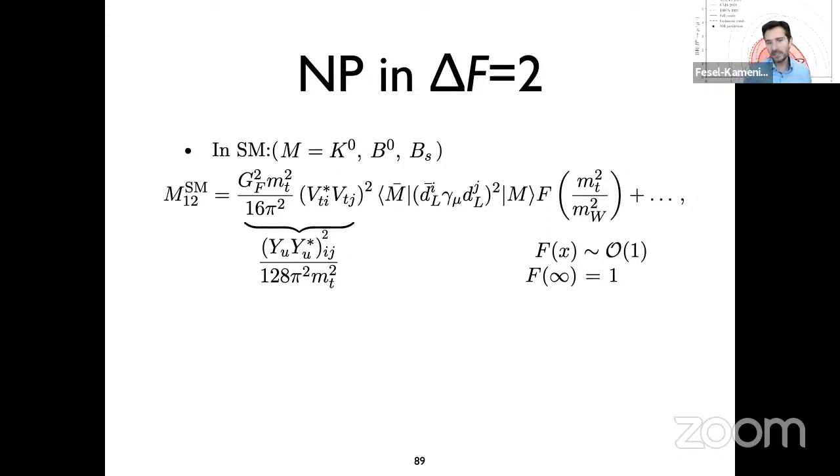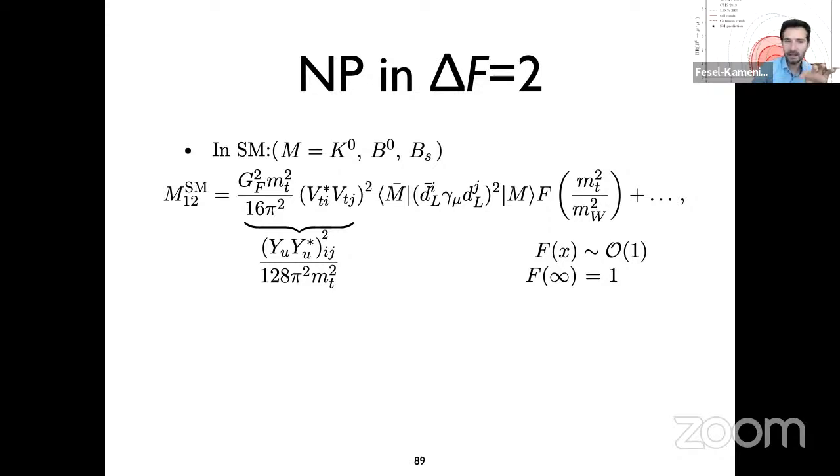What is interesting also is that one can actually rewrite this prefactor purely in terms of the Yukawas. This is a way to see that, indeed, this goes back to our discussion the day before yesterday, that it's the standard model Yukawas which are the source of all flavor in the standard model.